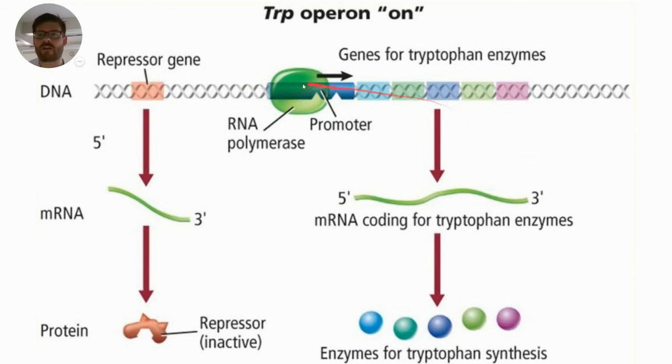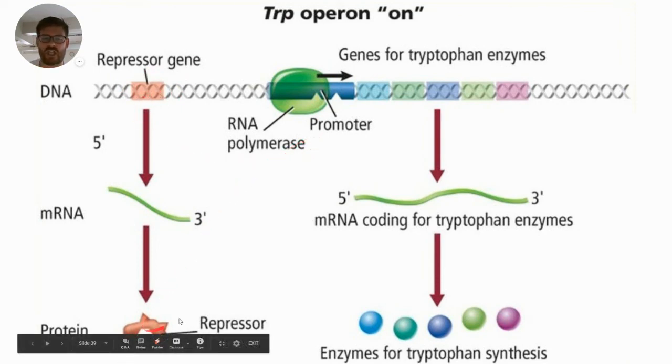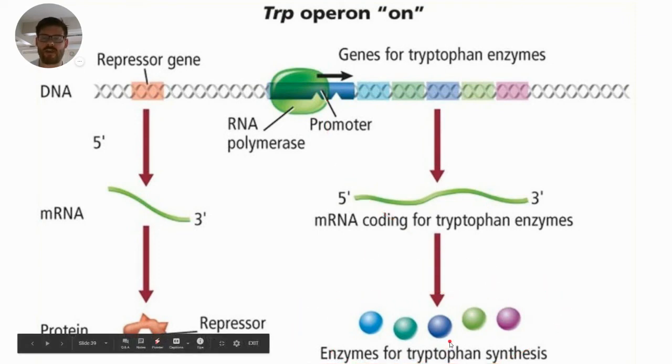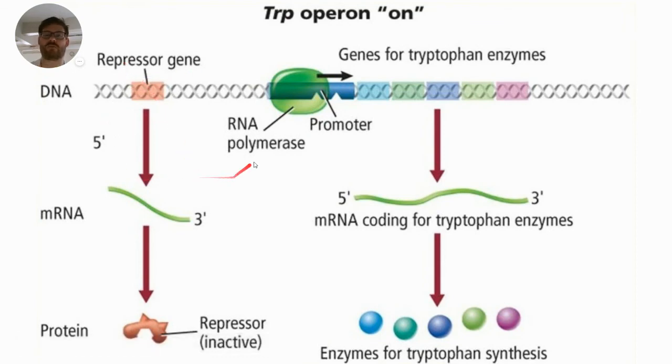So the environment causes a change to how the cell responds, and now it's going to start producing a gene that's going to allow this to change shape and therefore deactivate the gene and turn it off. So it's going to turn it off until the cell needs more tryptophan, at which point it's going to turn off this gene and it can produce more.